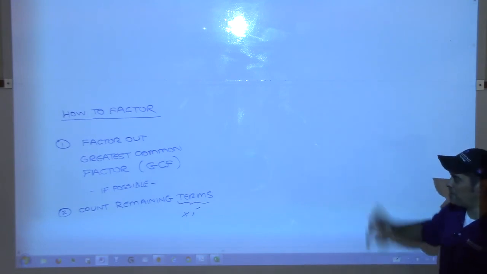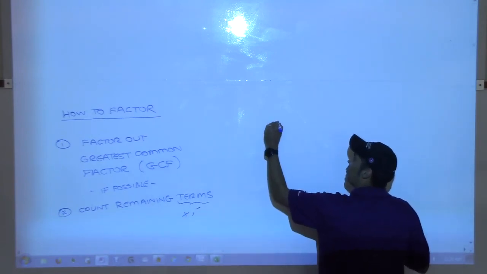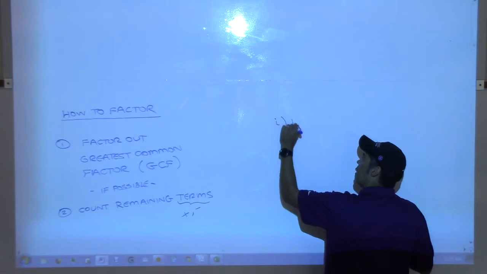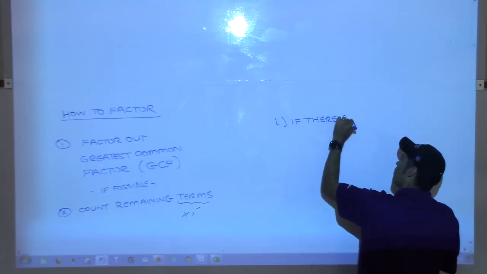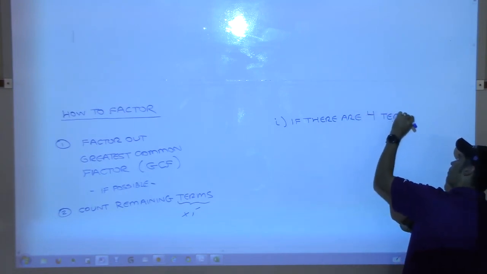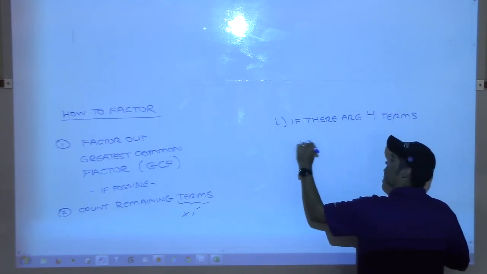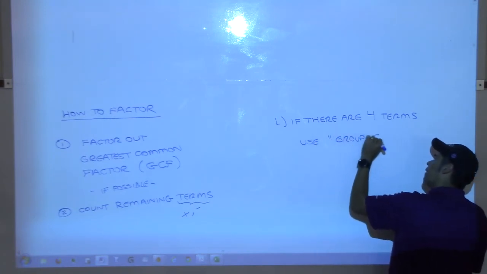So, first thing, so I'm still in step 2. I'll do 2 part 1. If there are 4 terms, you're going to use a method called grouping. Okay?